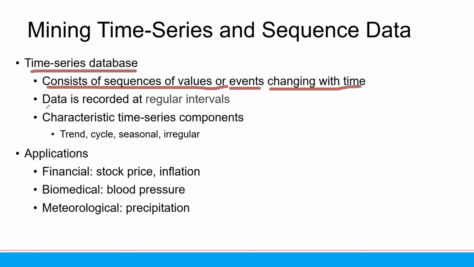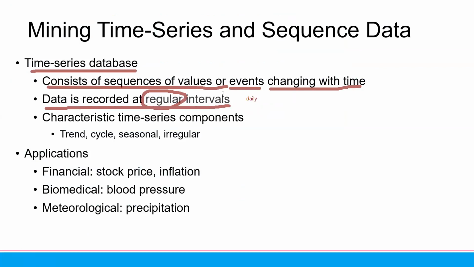And the data is recorded at regular intervals. What does it mean by regular intervals? So you can see the interval patterns. Let's say I want to have the data daily.